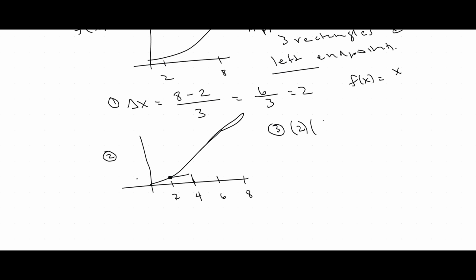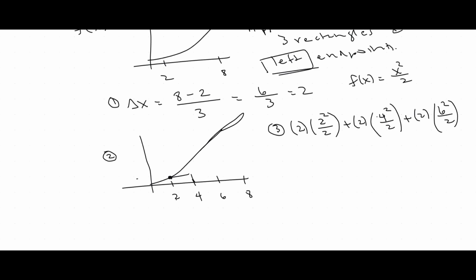So that will give me my first rectangle. And then the width times the height, which is going to be, now I'm going to plug in a 4 next. The width times the height, but now I'm going to plug in a 6. And then I stop there because I'm using the left endpoints, so I don't finish with an 8.